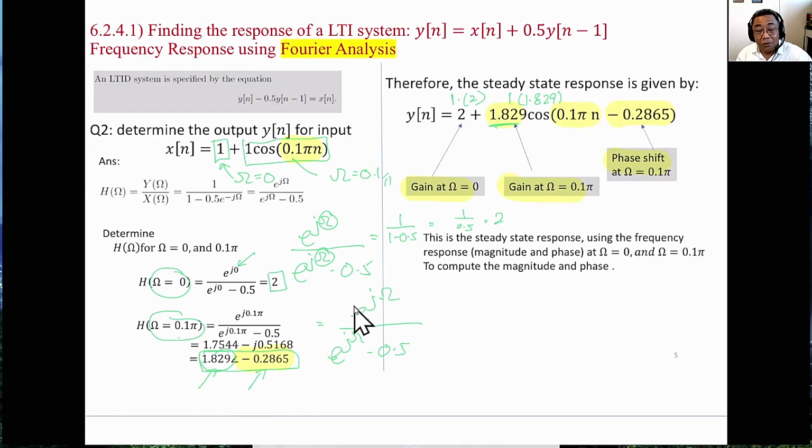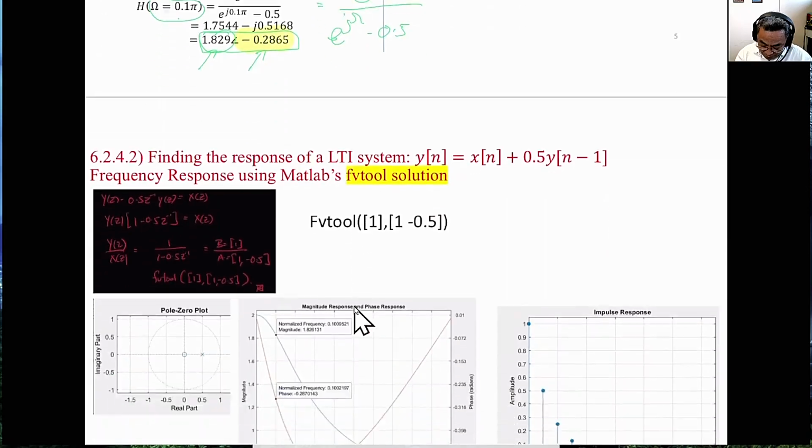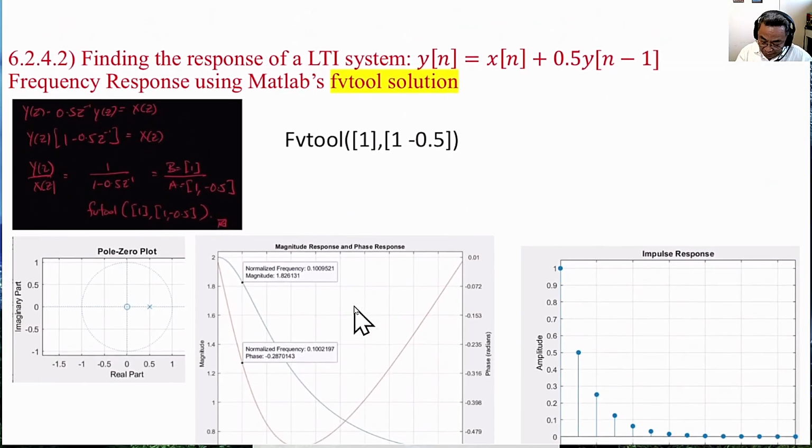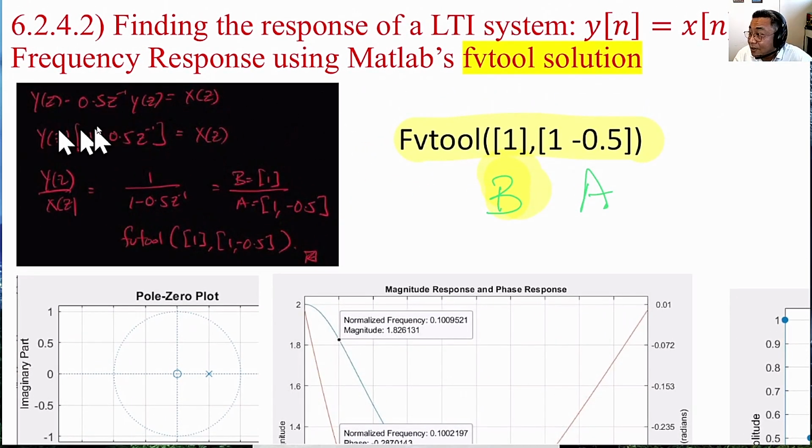If we want to compare how we do it in MATLAB, this is the next slide. In MATLAB, we take the Z transform and get the coefficients, and we substitute the coefficients of B and A. This is the coefficients of B, this is the coefficients of A. How do we find the coefficients? Simply, we write the difference equation, take the Z transform, represent it as H of z equals this, and now collect the coefficients.